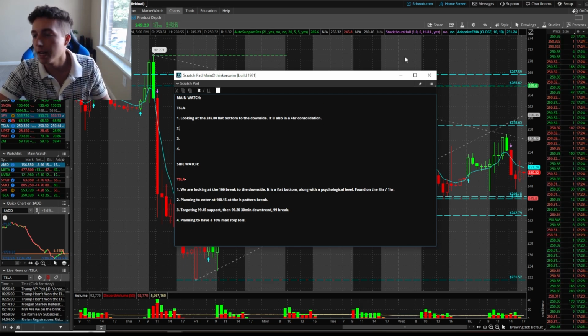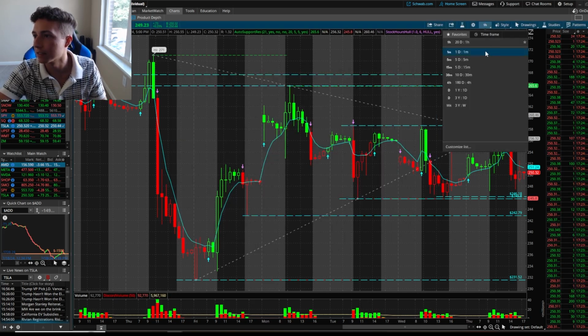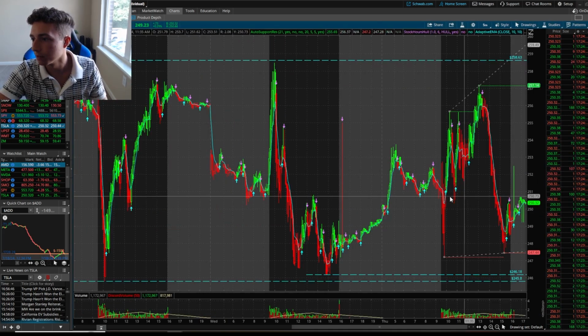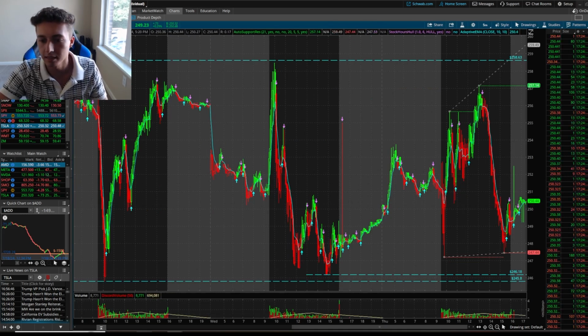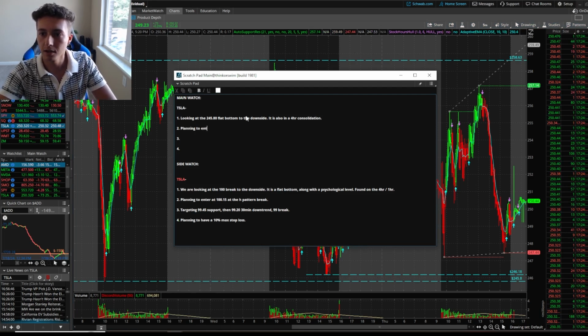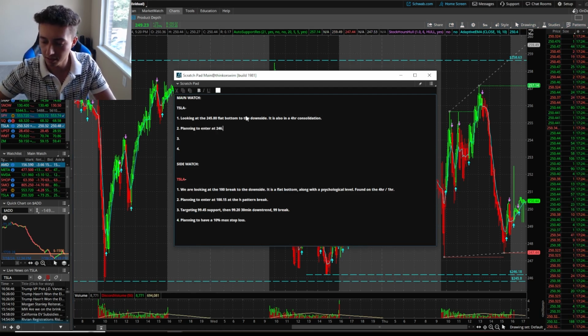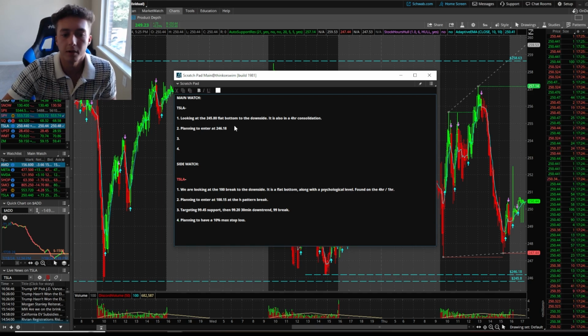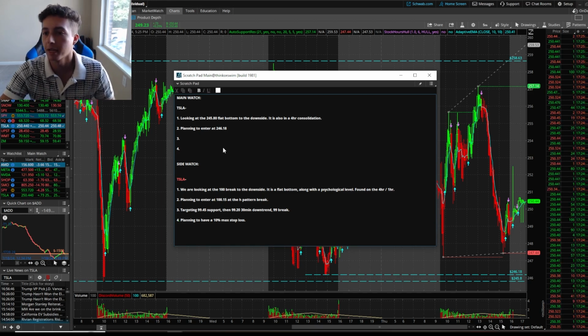Next we're moving on to our entry level that we're planning on entering at, and that is the support right here at 246.18. I can go a bit more in depth on this. So planning to enter at 246.18. This is where you can also explain how you're planning on entering the trade.